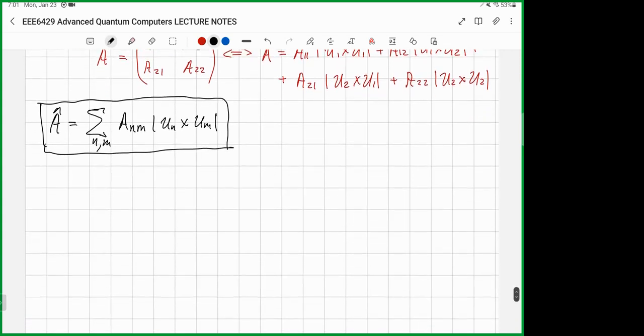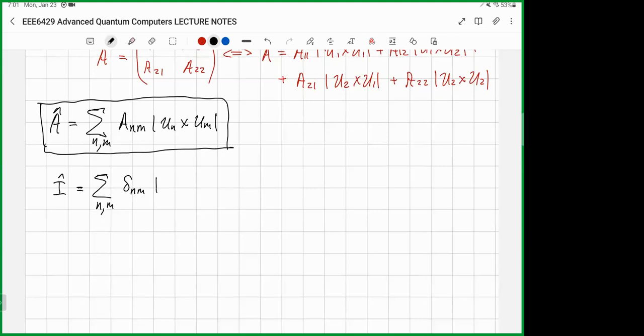And this works for any matrix, any operator. So now, as an example, let's take the identity operator I, which doesn't do anything, as we discussed already, and write it in this form. So we get the sum over n and m. The matrix elements of the identity operator are deltas n m, right?